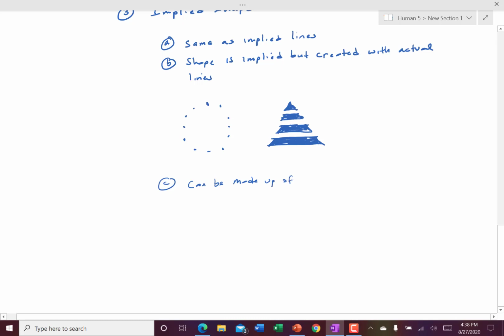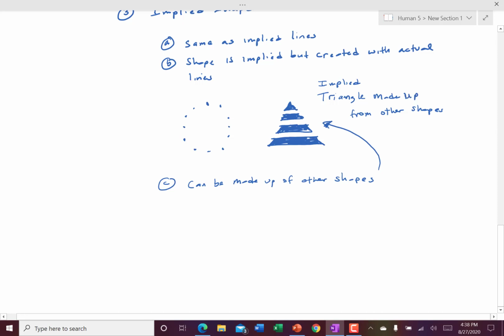of other shapes. So if you look at this one, this is a triangle, an implied triangle, just to be clear, made up from other shapes. You could even have an implied triangle made up of smaller triangles.